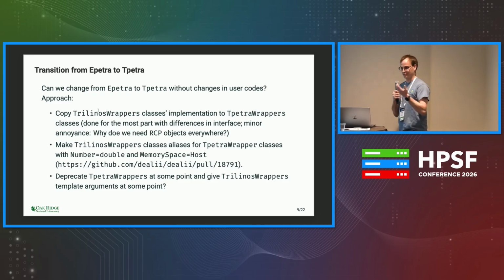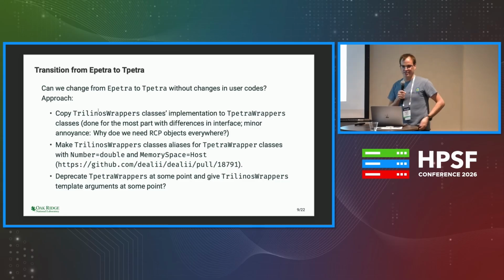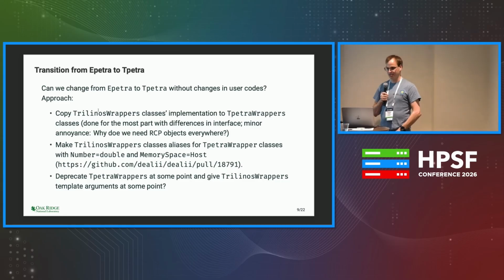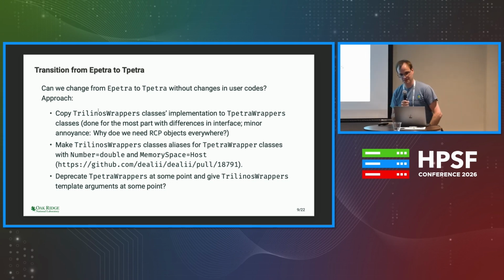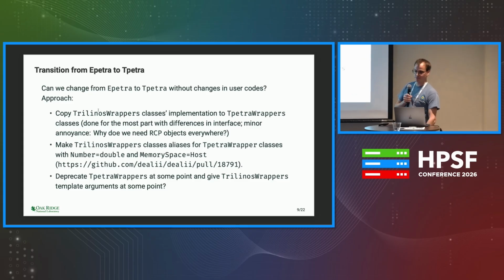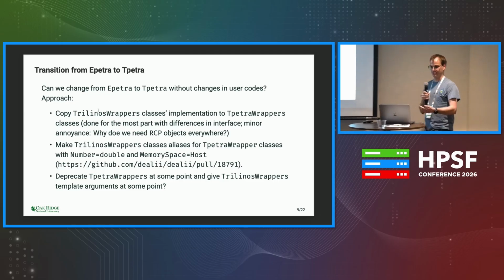I mean, at least that feels to me sometimes. Okay, so what can we do? The idea was we tried to copy the implementation somewhat to Tpetra, so we get the interfaces, and then just figure out what changed from Epetra to Tpetra in terms of naming of functions, interfaces, and stuff.